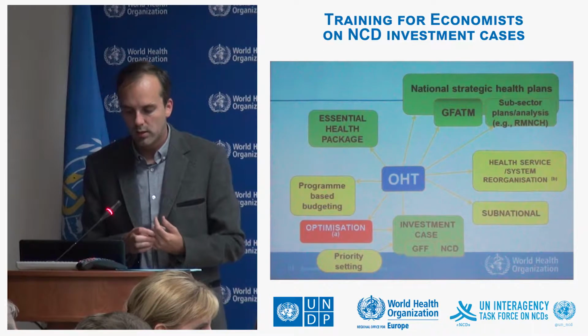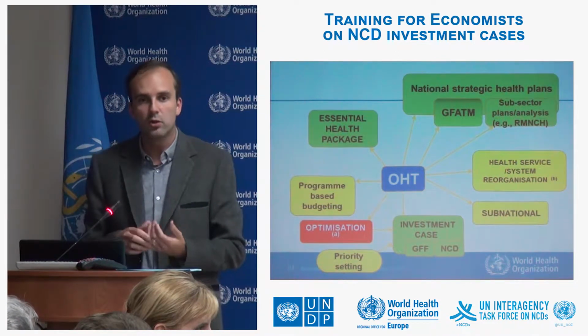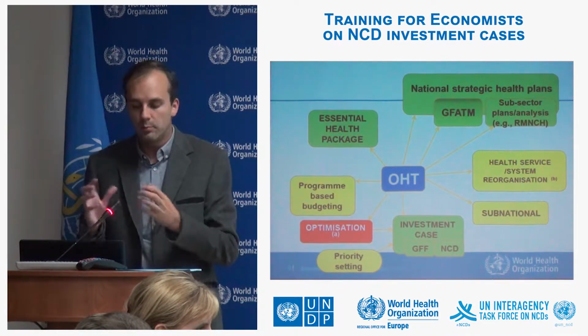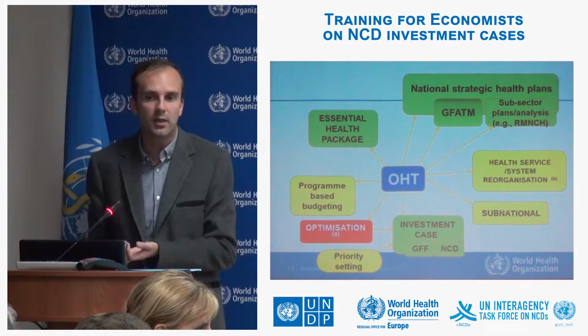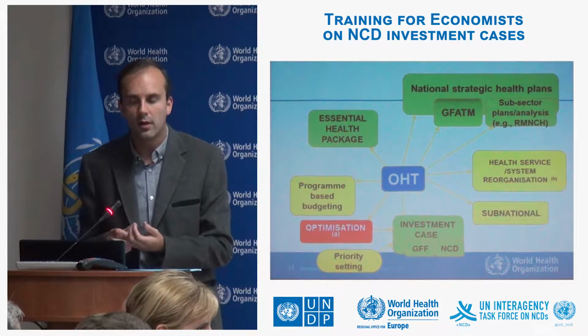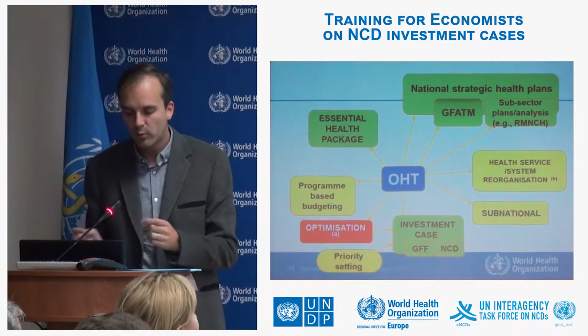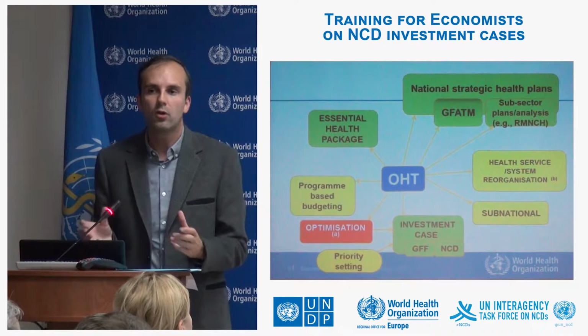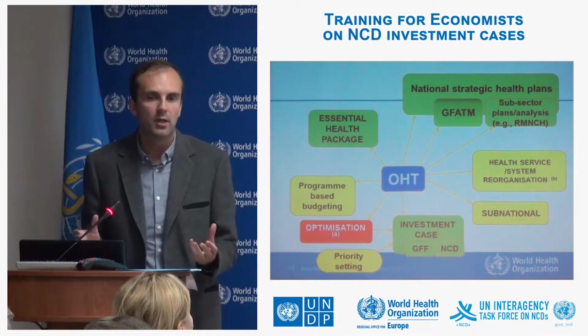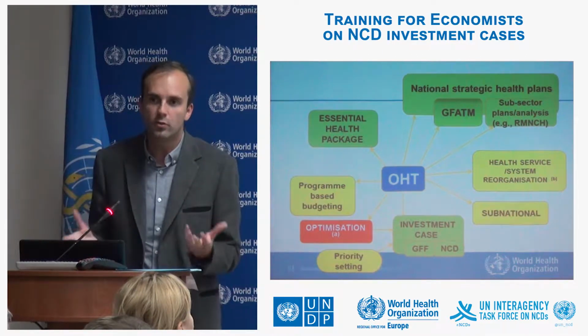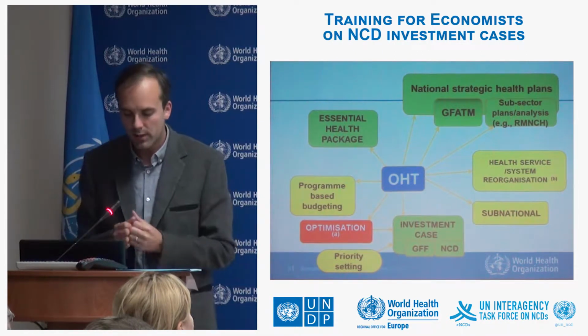You can focus it on your budget and what you want to do within budget. And then you can do things which we are here for, which is the investment case and work linked with that, but which in the end goes about the final goal, which is how do we optimize the health system, the resources that we have and the outputs that we can get out of it.